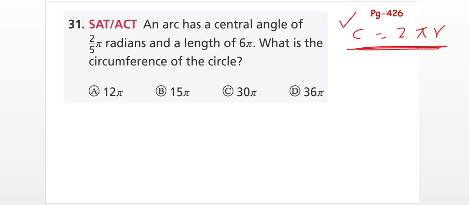Now to find the value of the radius, because the central angle is given in terms of radians, we will use the formula S equals r theta. Now what is the value of the length? It's 6 pi, so S will be replaced by 6 pi. The radius is not given, so leave r.